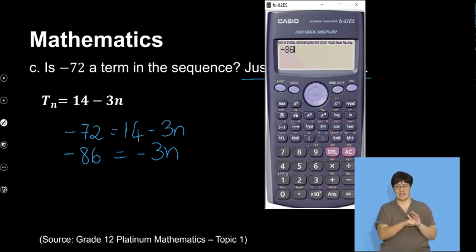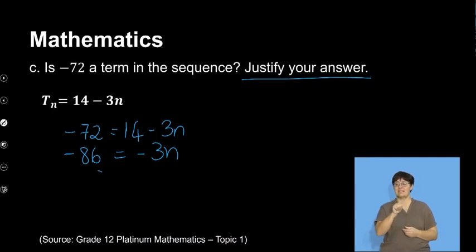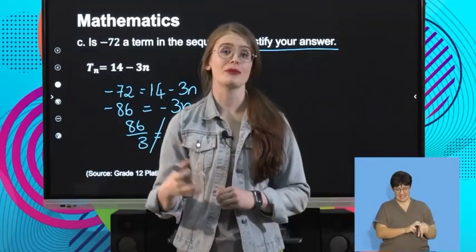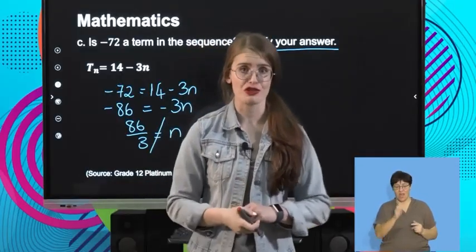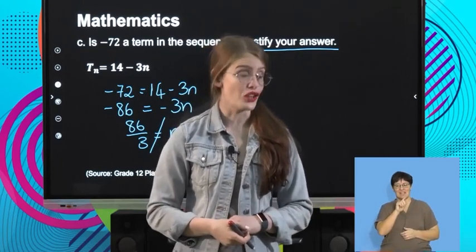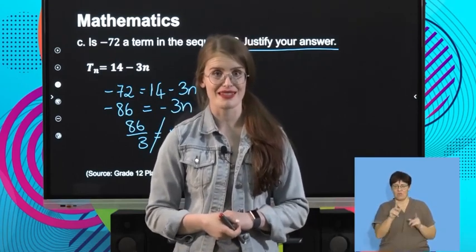Negative 86 divided by negative 3 gives me 86 over 3. But this can't happen in a pattern because I have to have a natural number being a term number. I don't get a fraction value for a term position. So that means that negative 72 is not a term in this sequence.